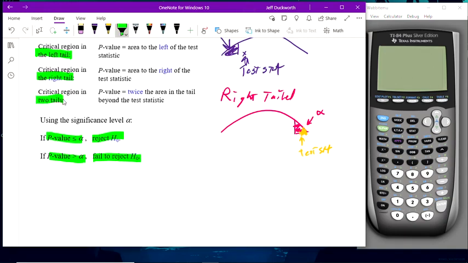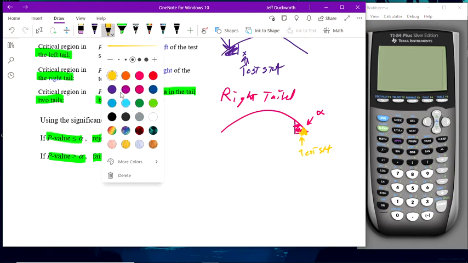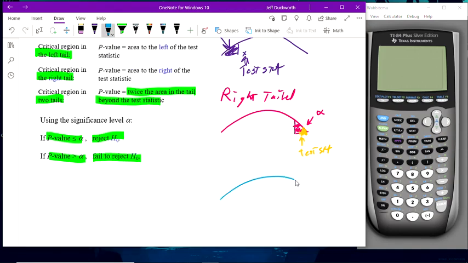So if we have two-tailed, we take twice the area in the tail beyond where the test statistic is. So essentially, say we have an area where we have alpha over 2 here and alpha over 2 here, where we're splitting up our alpha for a two-tailed test.